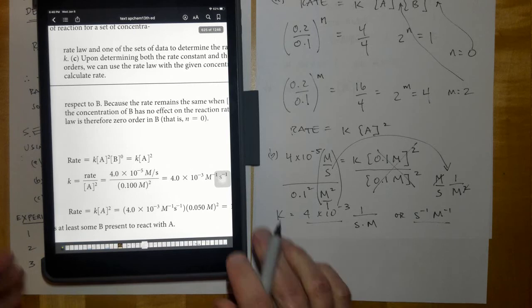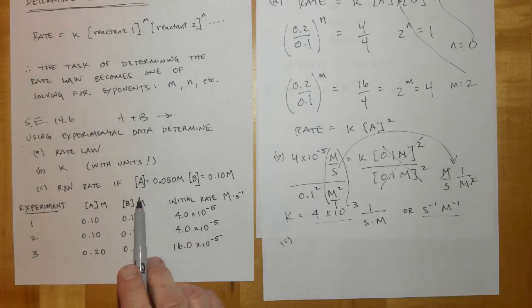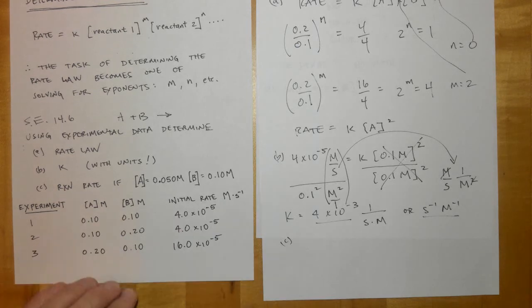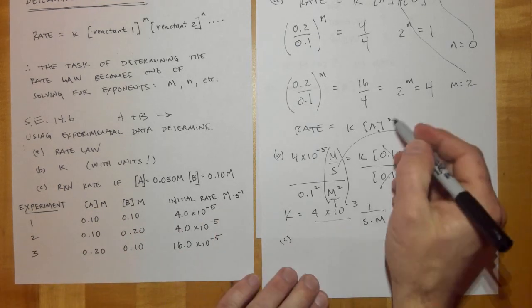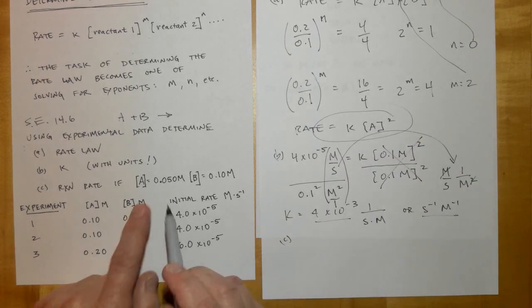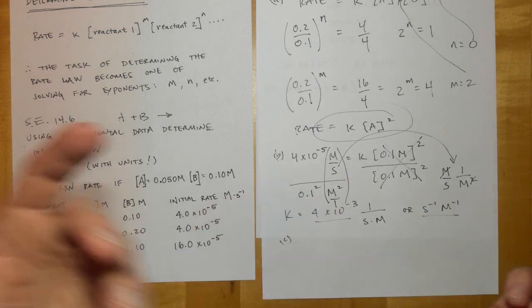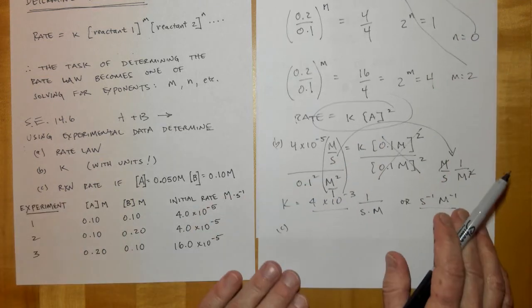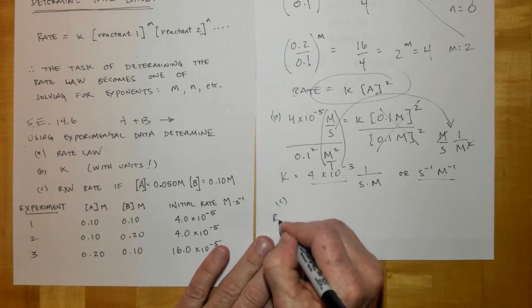And then letter C asked, what is the reaction rate if A is equal to and B is equal to? So now that we know K, we can plug K into this equation, and we're told A right here, and we're told B. Now B is not going to make any difference because it's obviously to the 0 power, but in case it would, we'd put that number in as well. And we want to find rate.